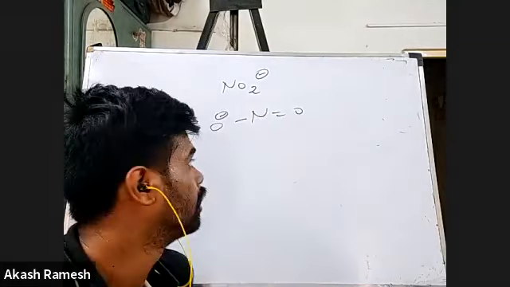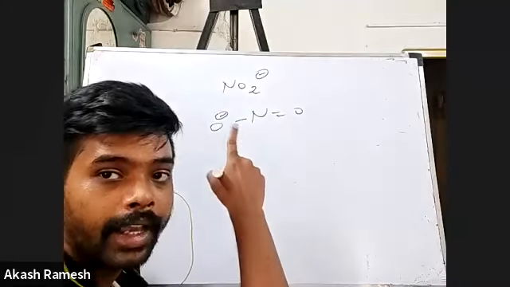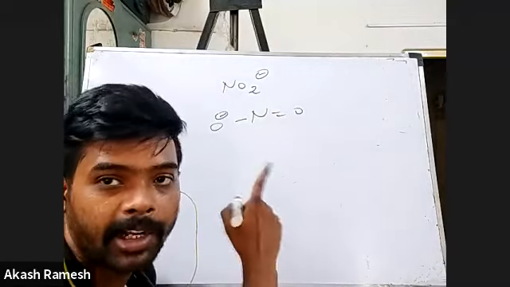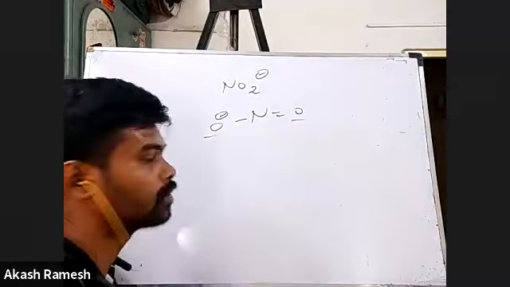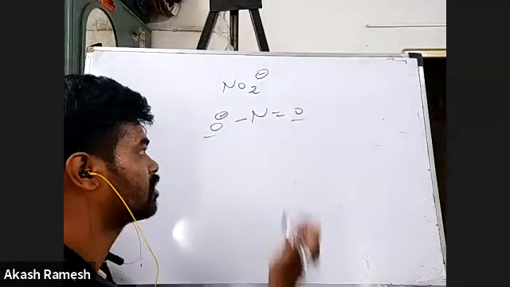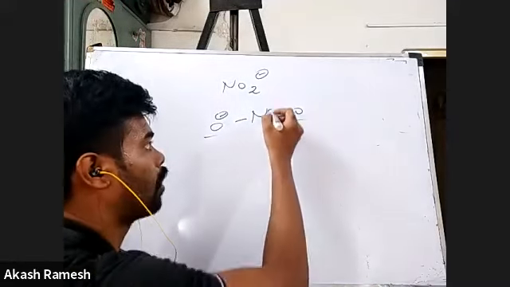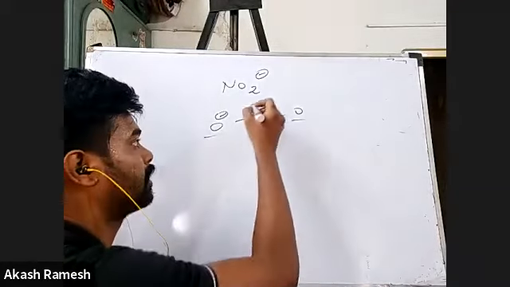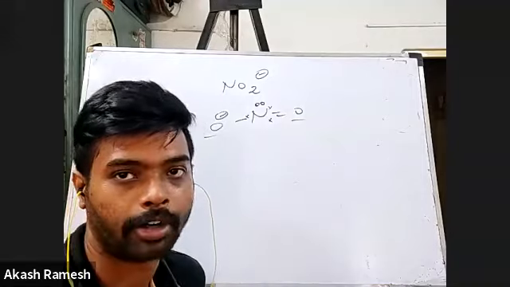Now you can easily tell, we are still in steric number 3, and we are looking at an AB2L type of molecule. There are two bonding atoms, two oxygen atoms, and the nitrogen atom has 5 valence electrons, with 3 involved in bonding, so definitely I have one lone pair. 2 electrons are left out, one lone pair.